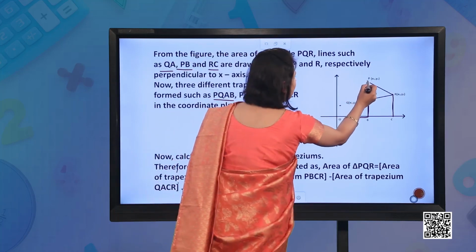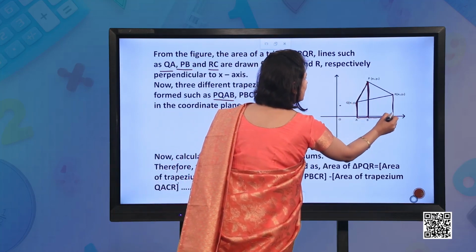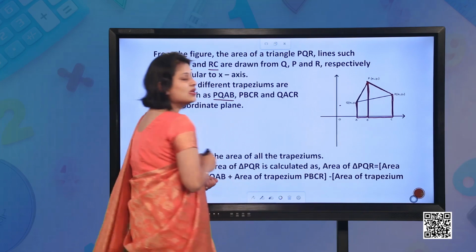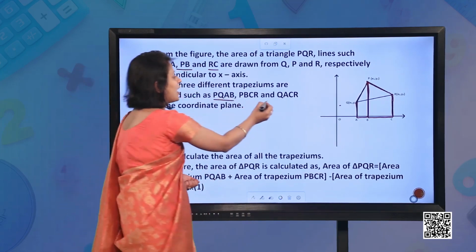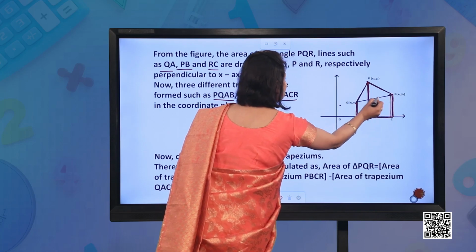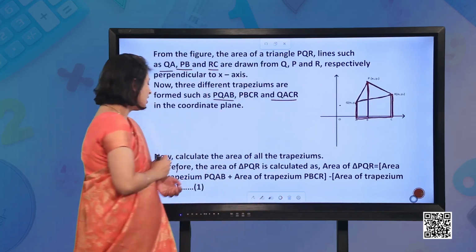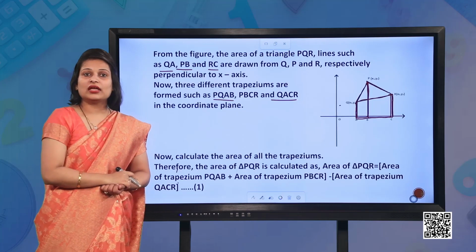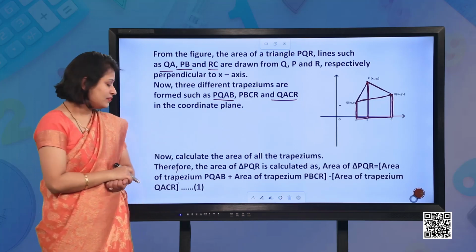Second one, PBCR. This is the second trapezium. And QACR. This is the third trapezium. Now we need to calculate the areas of all three trapeziums.